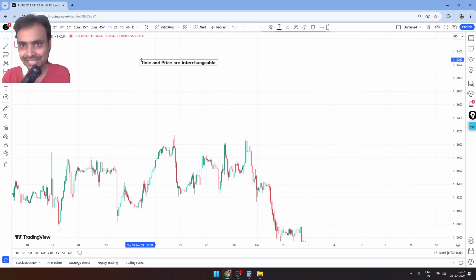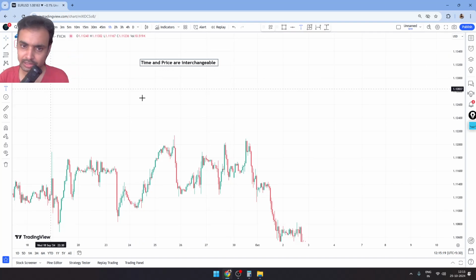Using the time, we are going to predict the future time, and at that time you can expect price reversals. Although it is not going to be a 100% reversal point, you can find some important areas. So price and time are interchangeable.